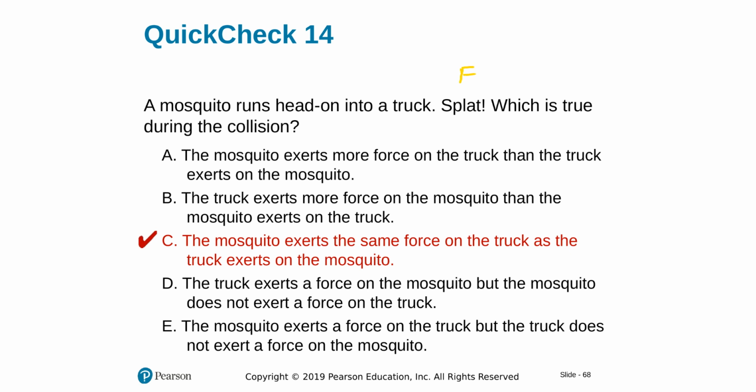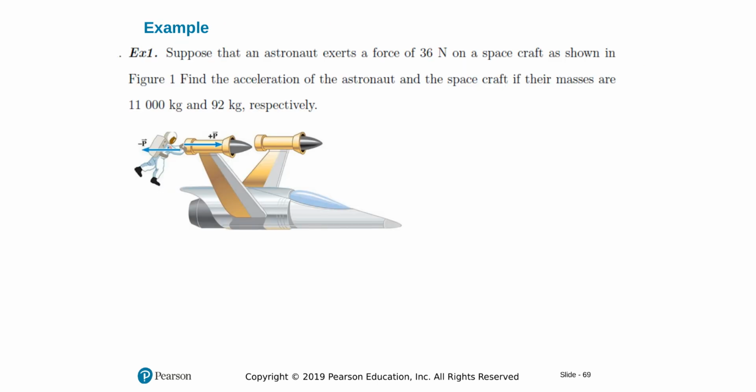F net is equal to ma, Newton's second law, or a is equal to F net over m. The mosquito and truck have the same force, but the truck has a tremendously larger mass than the mosquito, so it doesn't get much acceleration from it, but the mosquito gets large acceleration.